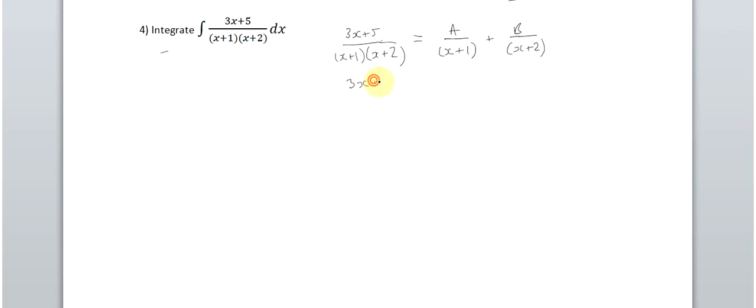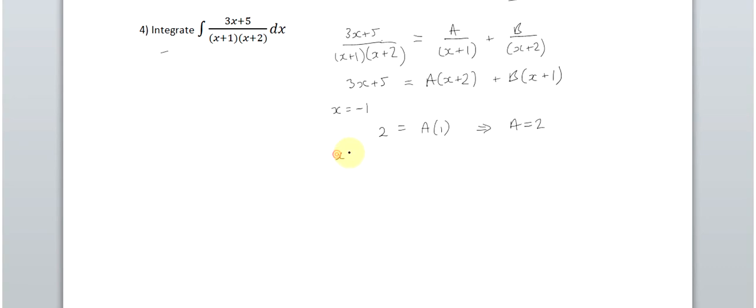Therefore 3x plus 5 equals a times x plus 2 plus b times x plus 1. And now we try some values in. So if we stick x equal to negative 1 in first, then 3x plus 5 becomes 2, and then a times 1 plus b times 0 because of the minus 1, so that tells us that a equals 2.